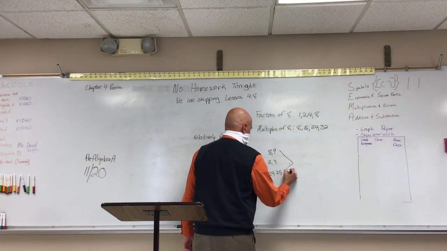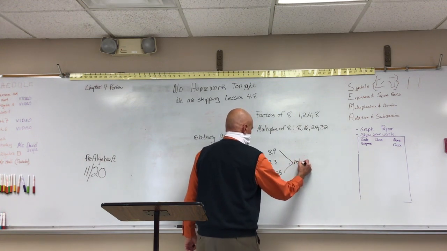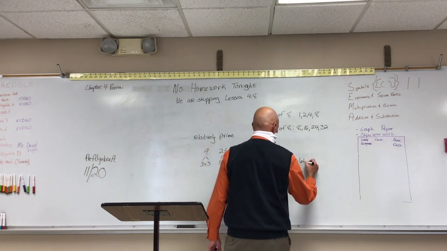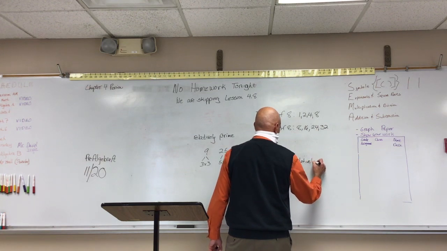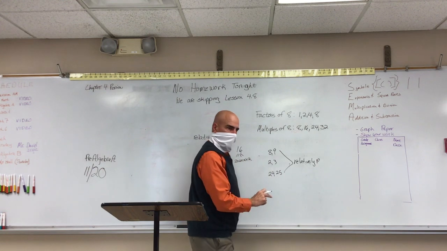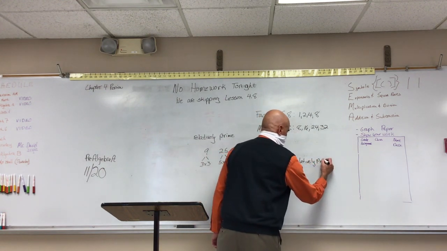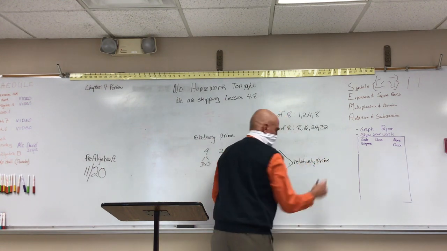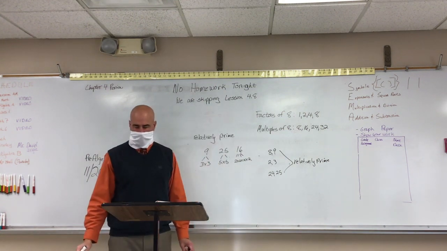These are all relatively prime, meaning 8 and 9, not meaning 8 and 24, right? But those are all relatively prime sets.